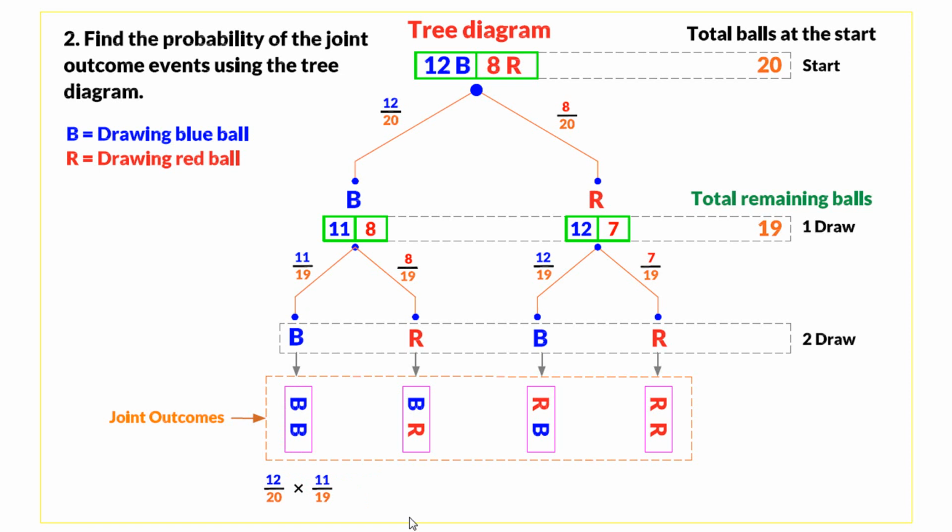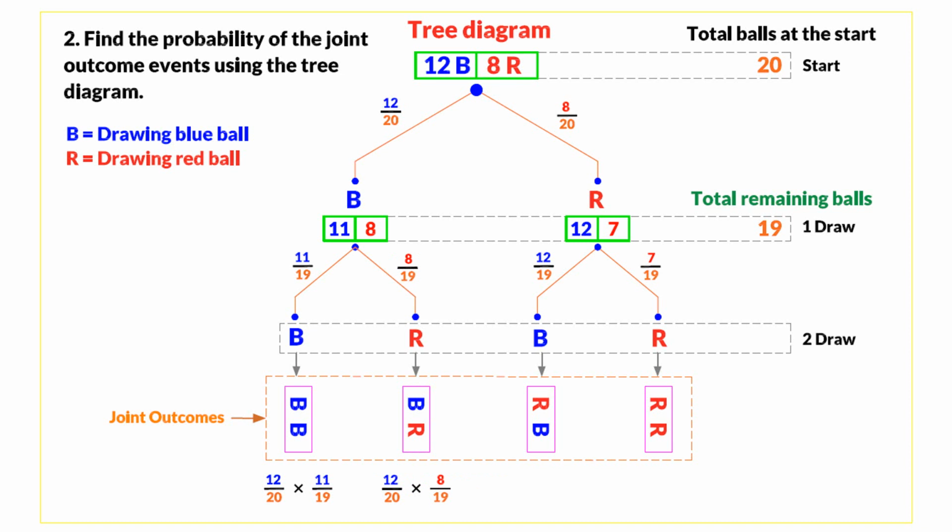And if we want to find the probability of picking blue first and red second, we have to highlight the paths or the branches leading to this event. We take the probability of the first branch and the probability of the second branch, we multiply them together and we get the probability of first blue and second red.